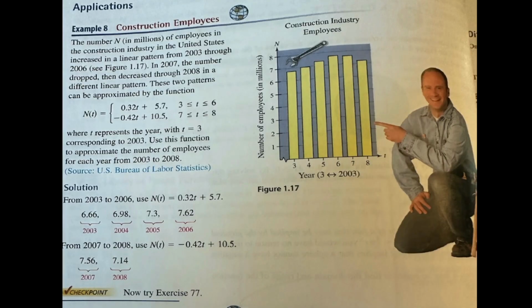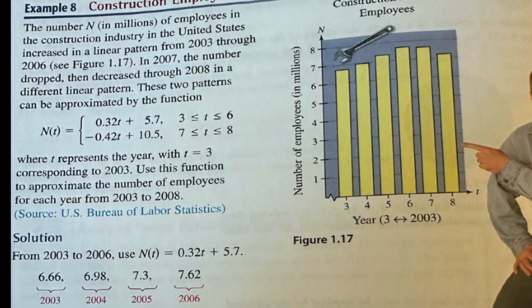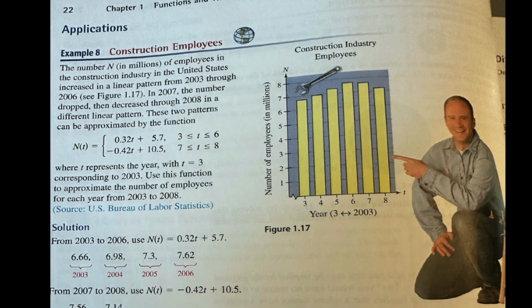All right, here's a PDF I made from a photo of the textbook, page 22. Let me shrink it down a little. We are looking at an example that uses a piecewise function.